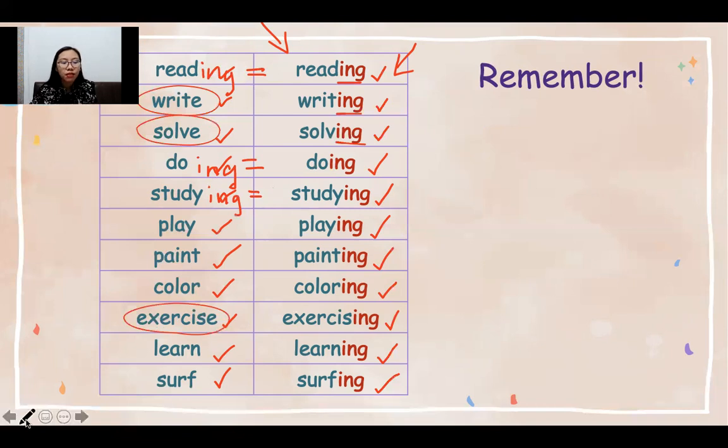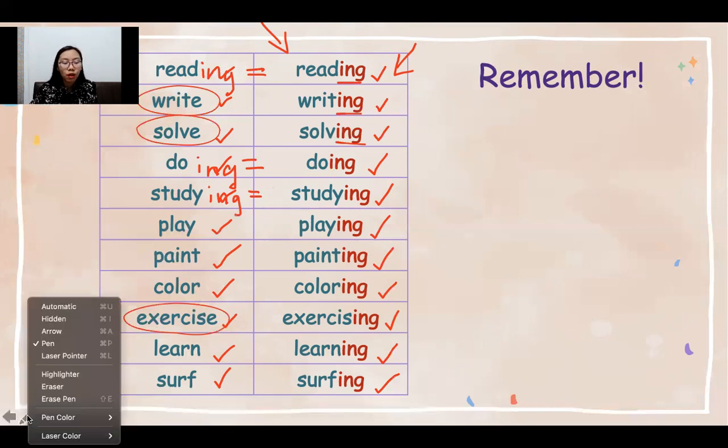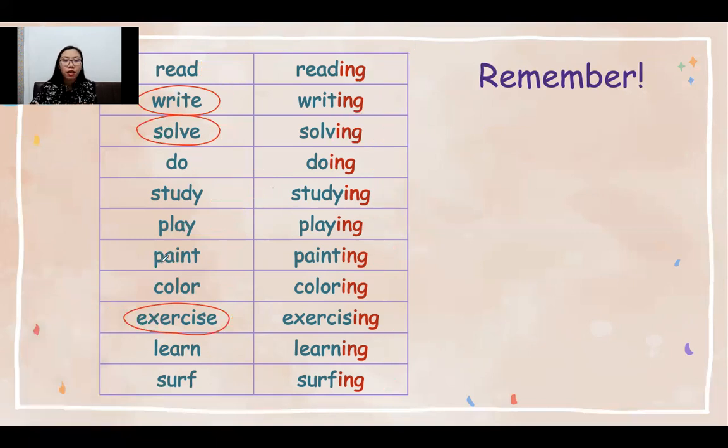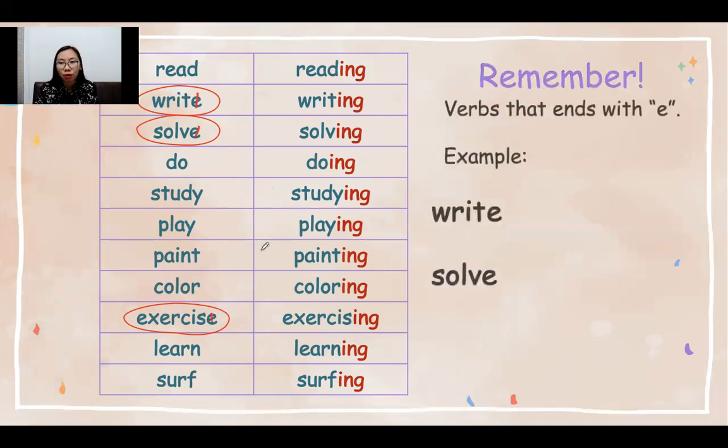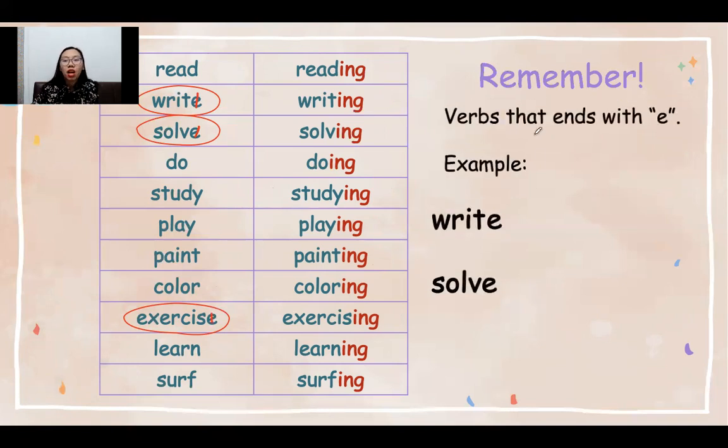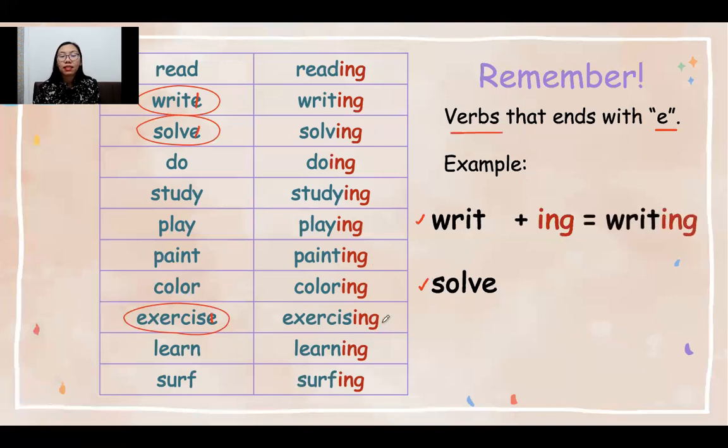But what about these verbs? These verbs end with letter E. What do we do with verbs that end with E? Remember, for example, we have write and solve. We need to remove letter E and add ing. That's how we got writing.